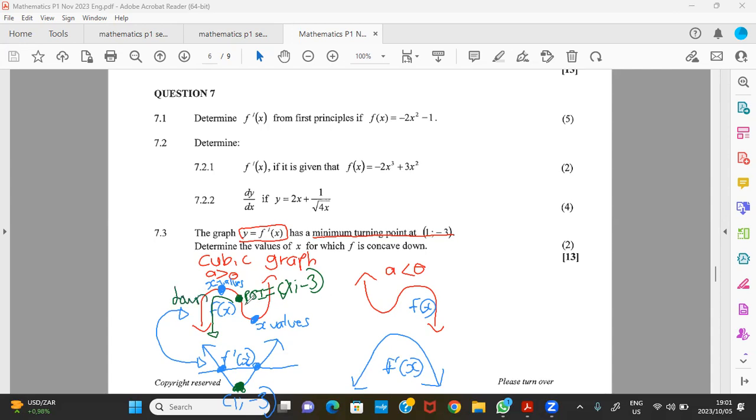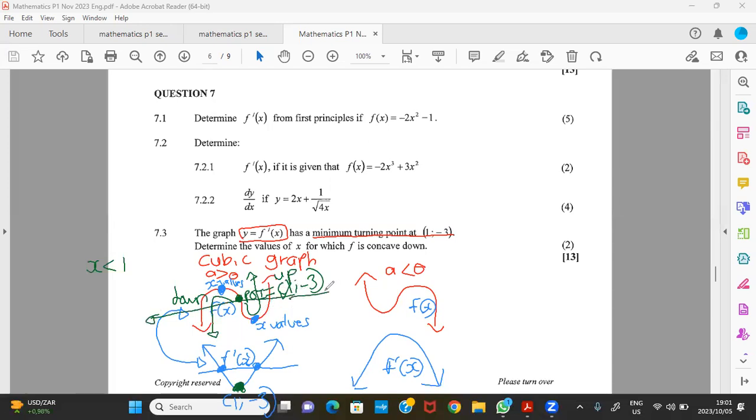And then from here, my graph is going below, then after, it's going all the way up. So this is concave up. So if my x value here is 1, for concave down, my values of x must be less than 1.